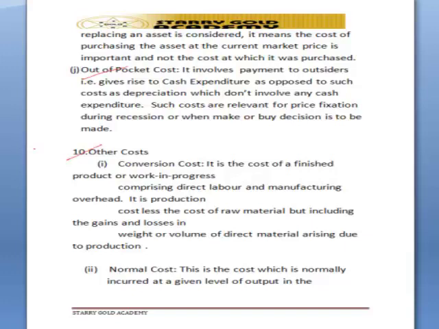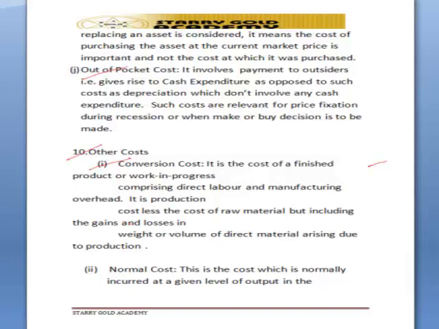What it takes to turn a product from its raw material to its finished product is what we call conversion cost. It is very, very important. Whatever you incur to transform a raw material into finished goods is what we call conversion cost.